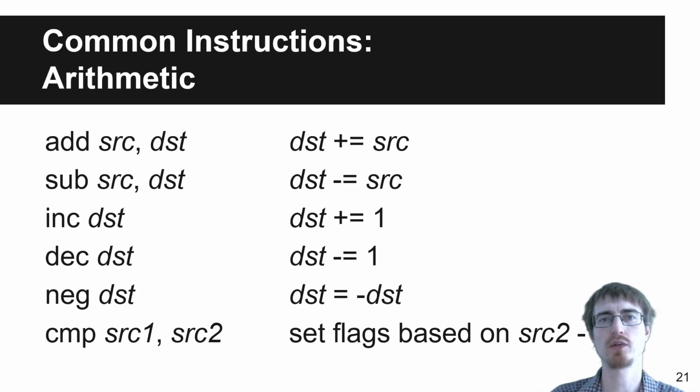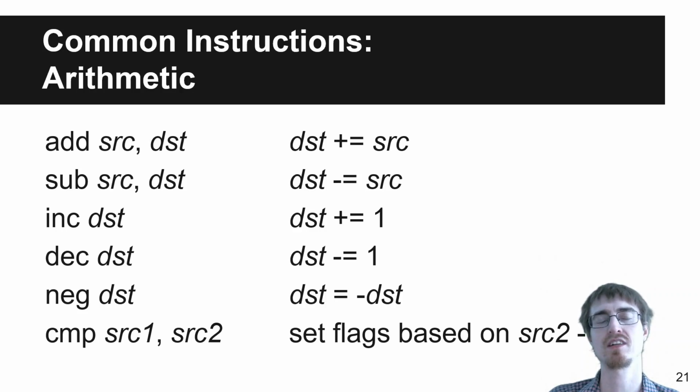Now, arithmetic instructions. So there's a bunch of computations that we can do on the CPU, and I will only discuss the ones that you're most likely to use. So feel free, of course, to check the manual for more. Addition is simply add. We take the destination operand, we add source to it, and store it back again at the destination address. Likewise, subtraction does a similar thing. Then we have increment and decrement instructions, which add 1 or subtract 1. We have a negation instruction, which replaces the destination with its negative value, right?